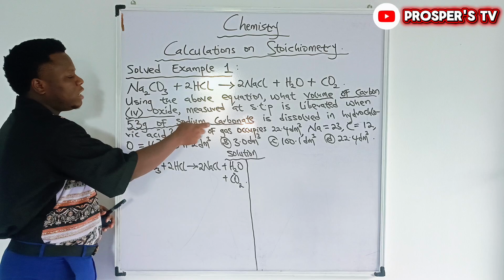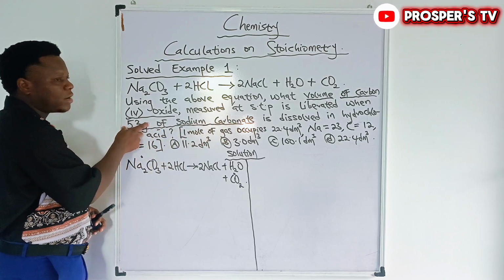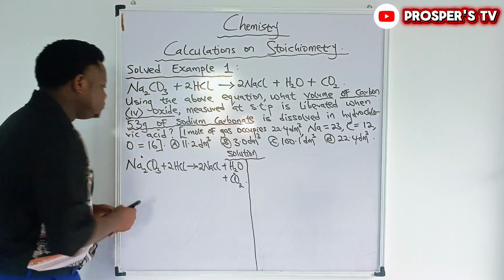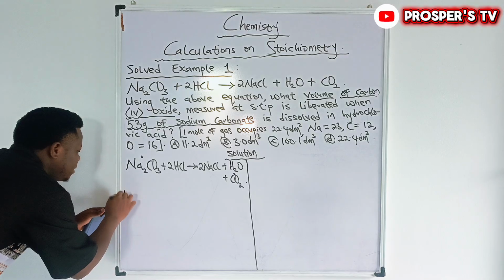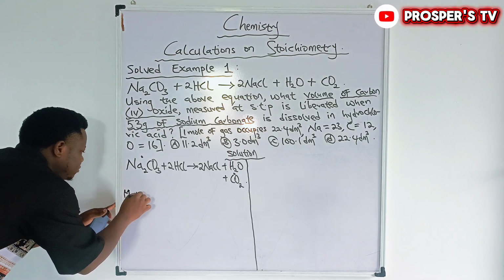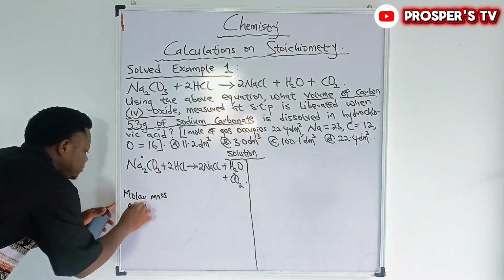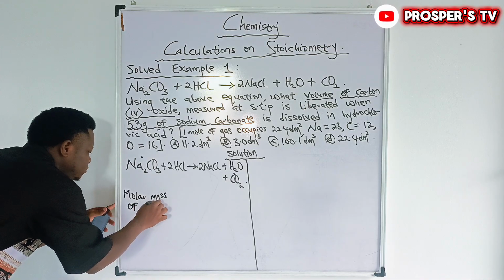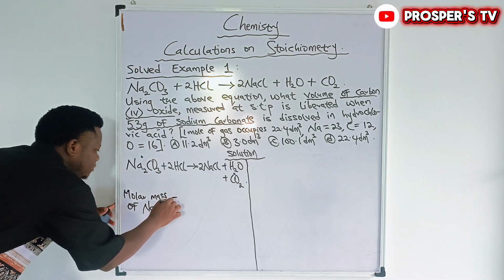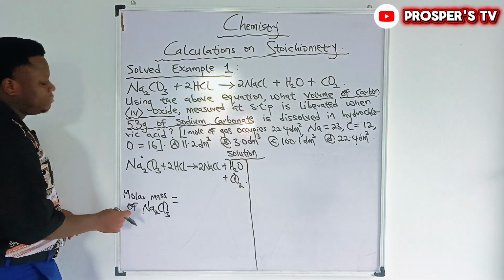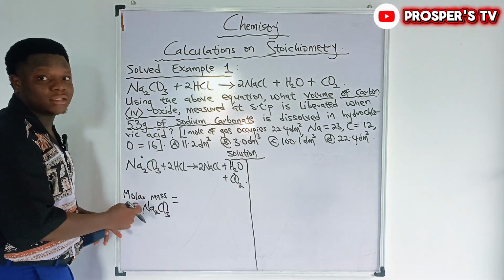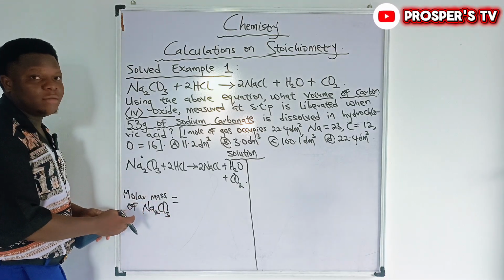So I will need to calculate the molar mass of sodium carbonate because grams signifies mass. So we say molar mass of Na2CO3 would be equal to, molar mass simply means the addition of the atomic masses of each element in this compound.